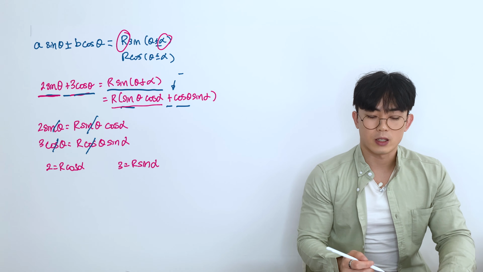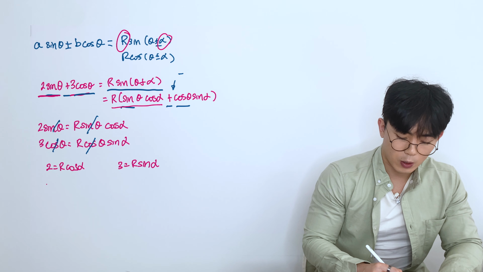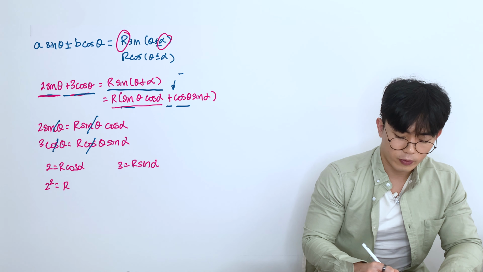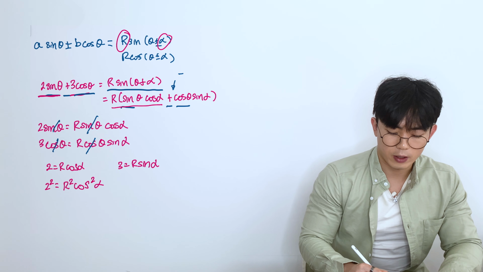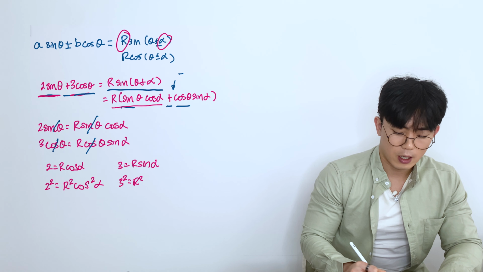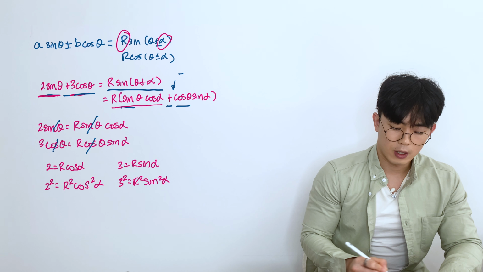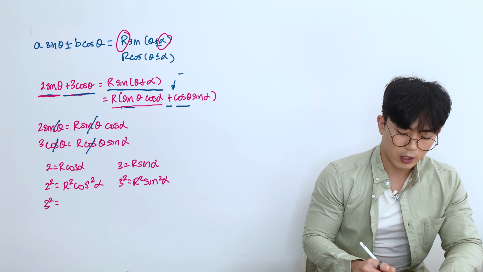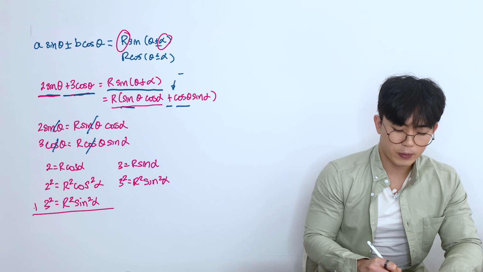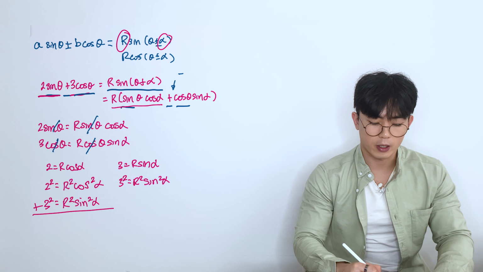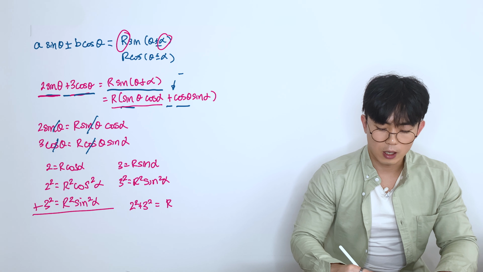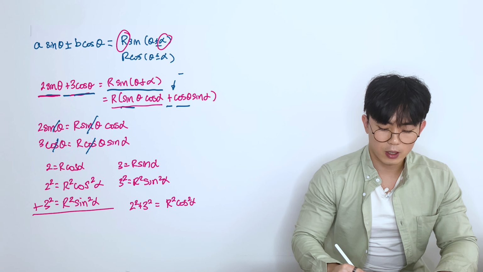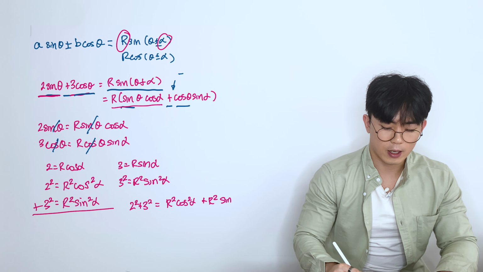To find the r, what we can do is square each side. So 2 squared is r squared cos squared alpha, and 3 squared is r squared sine squared alpha. I'm going to write it here and just underneath it. Now if I sum them together, on the left hand side I'm going to get 2 squared plus 3 squared, and that's going to be equal to r squared cos squared alpha plus r squared sine squared alpha.